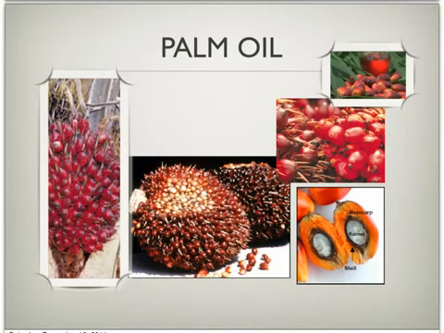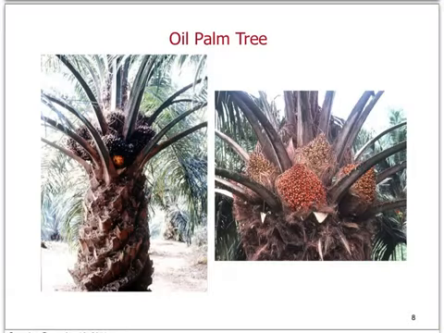So you can see on the slide here, the picture of the oil palm fruit bunch on the tree, and this is a picture of the fruit bunch and the cross section of the fruits. And if you have not seen how the oil palm tree looks like, this is how it looks like.